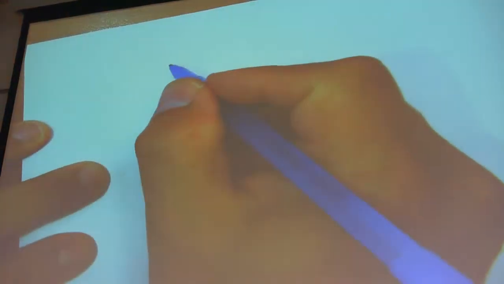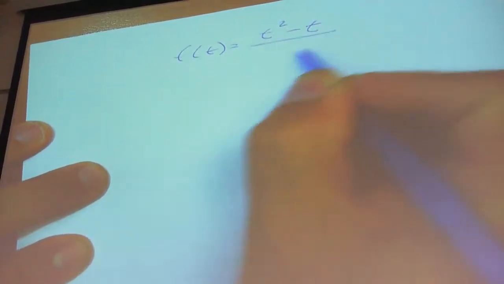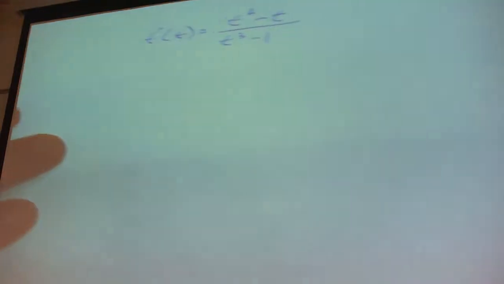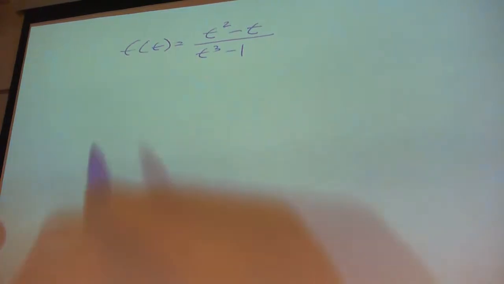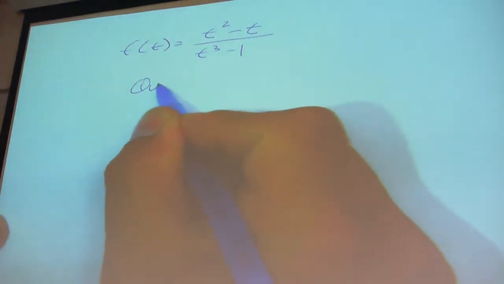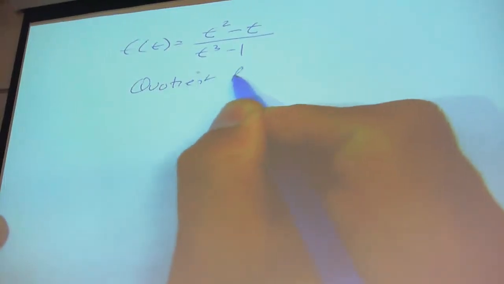Let's just use a different letter now. Let's say f of t. Does it matter what letter I use, really? No. It could be any letter. Let's just practice using a different letter. Okay? So here's the function. Do we have two things that are being divided? So we're going to use quotient rule.